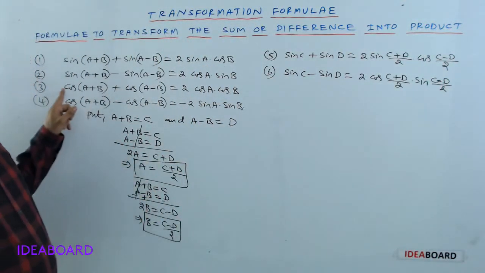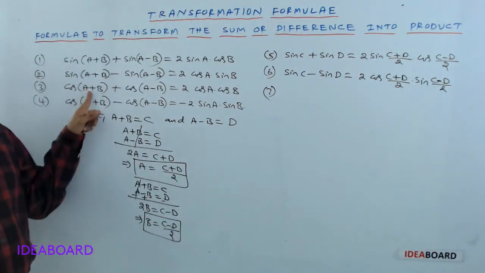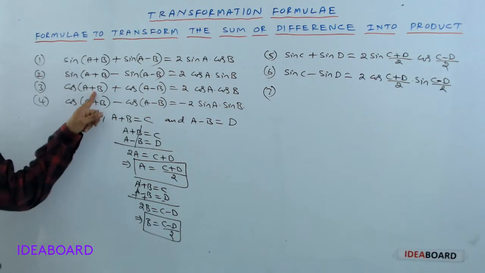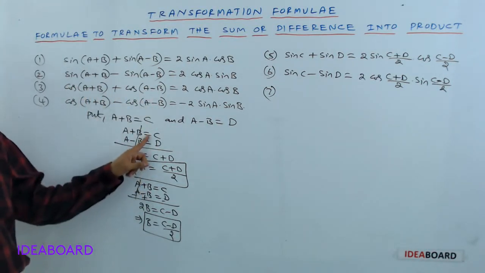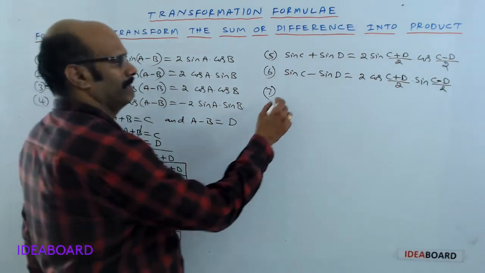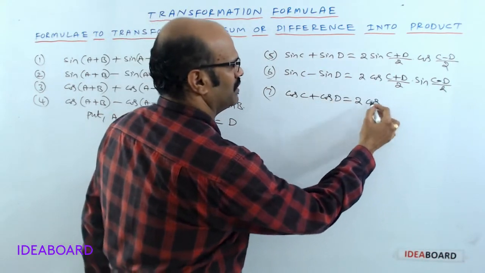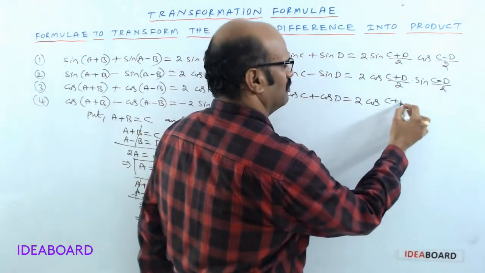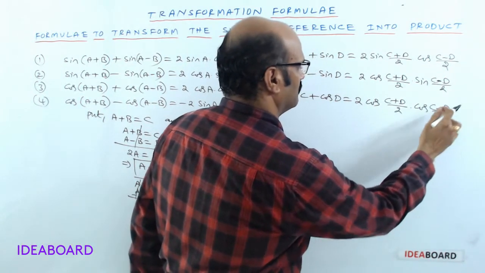Next one, we have cos of a plus b plus cos of a minus b, where a plus b equal to c. Cos c plus cos d equal to 2 into cos of c plus d by 2 into cos of c minus d by 2.